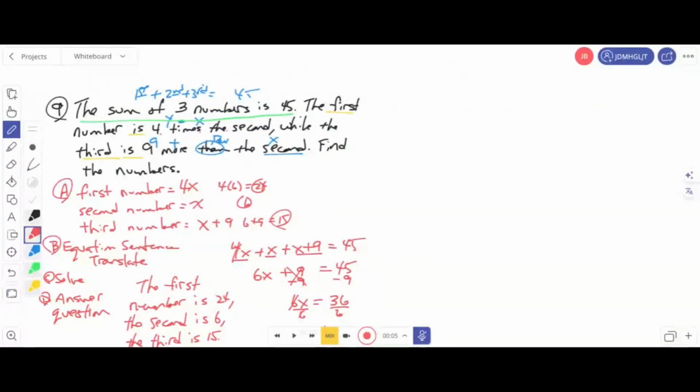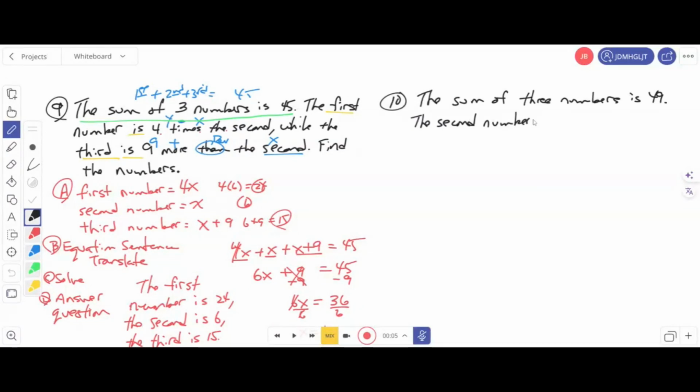All right. I want you to do number 10. Number 10 says the sum of 3 numbers is 49. The second number is twice the first.